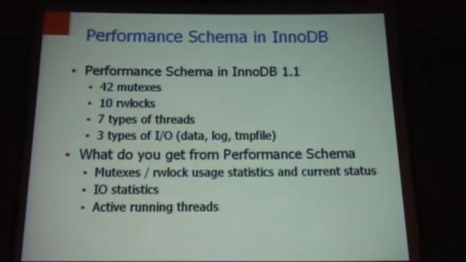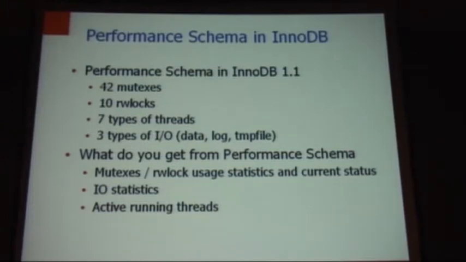So what we do is that we have full support for performance schema in InnoDB 1.1. That is the upcoming InnoDB release coming with MySQL 5.5. All the mutexes, a total of about 42, are instrumented.